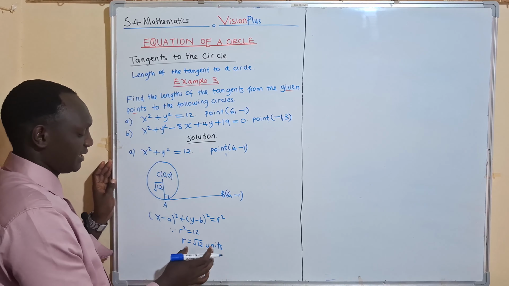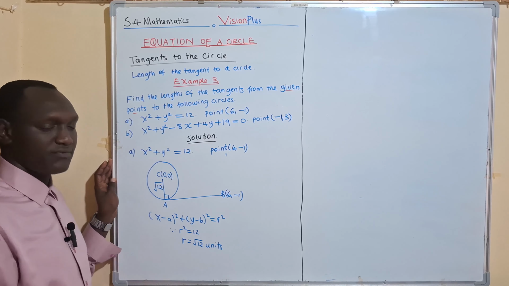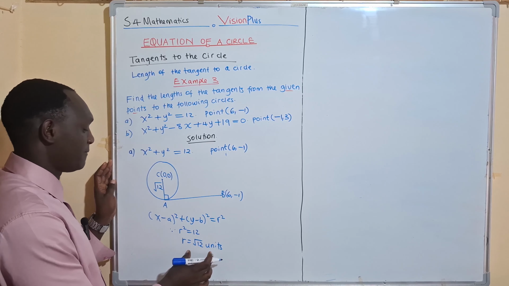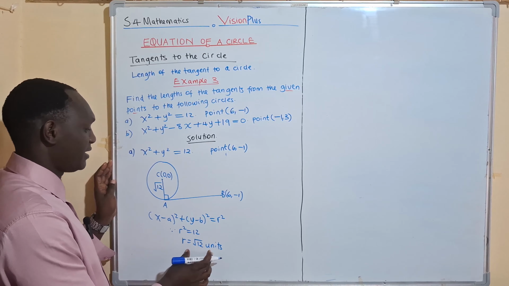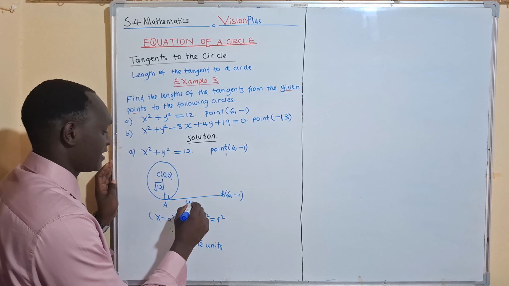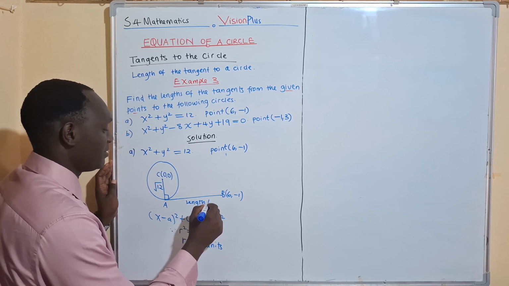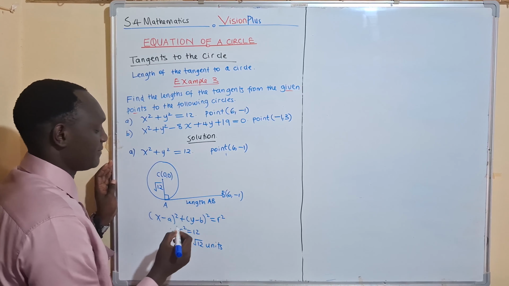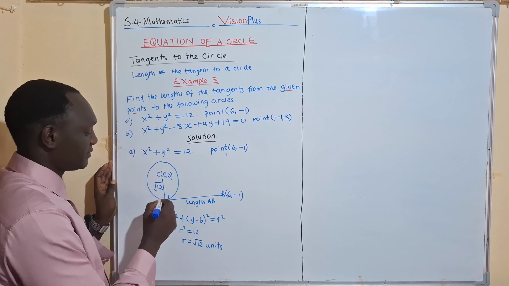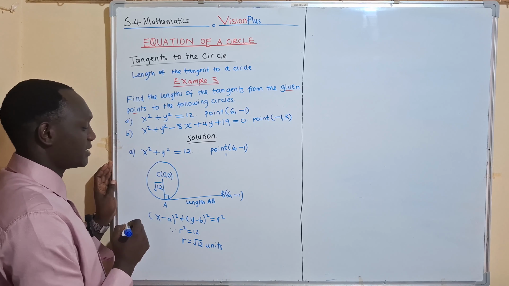Even when you consider it in the expanded form, you can also get the same value of r. So after getting the value of r, we are left with finding the length AB, which is the length of the tangent. But we cannot yet find it because we only have the radius, which is one side.